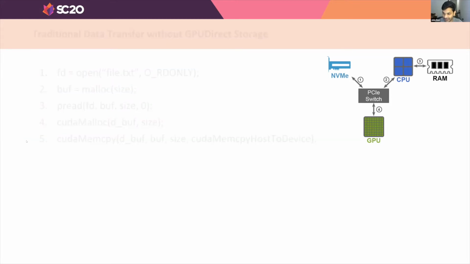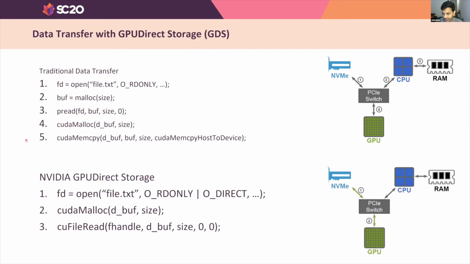And with GPUDirect storage enabled, you can open the file directly. In this case, you have to pass in this special flag to the file descriptor, O_DIRECT, to basically disable anything the operating system does, such as caching or read ahead.